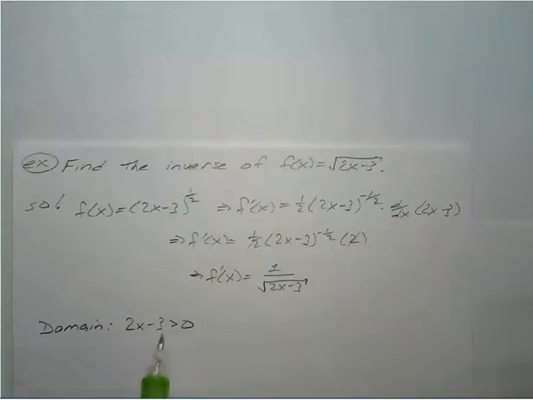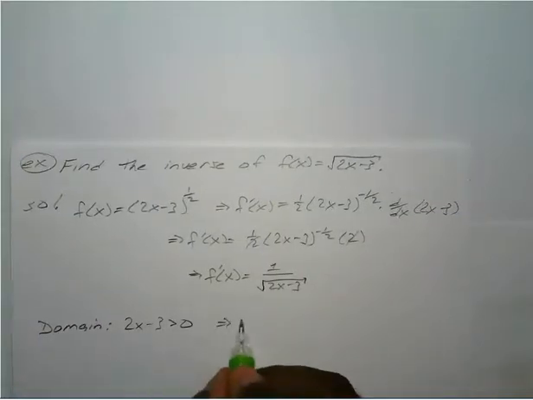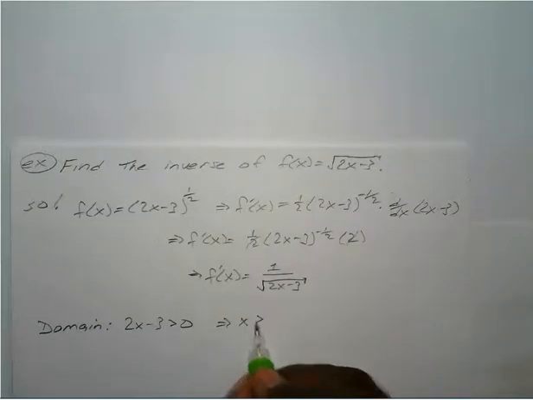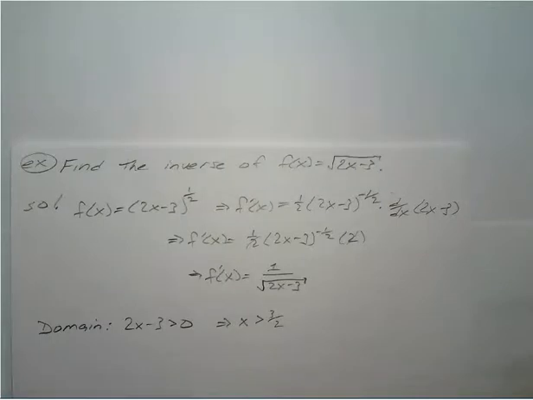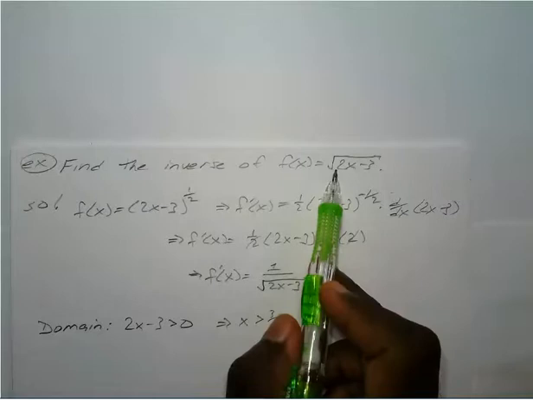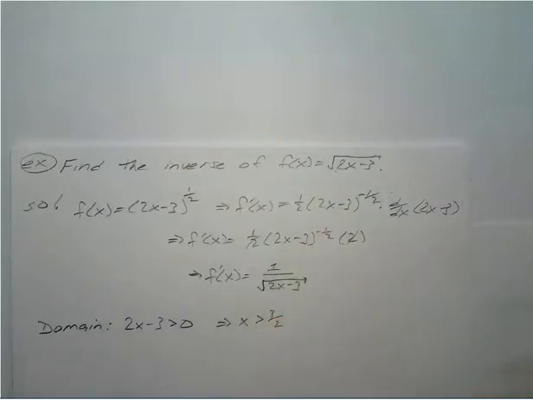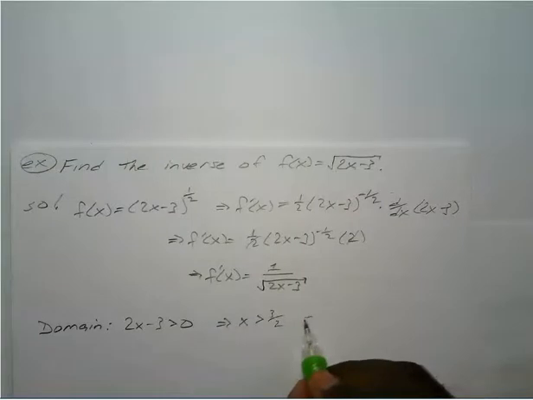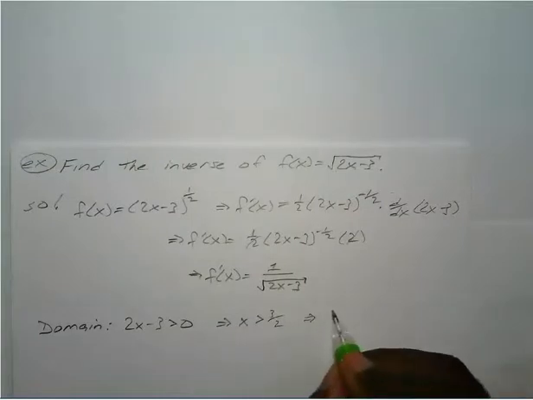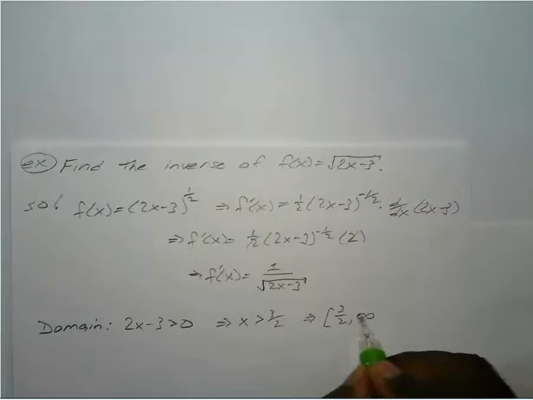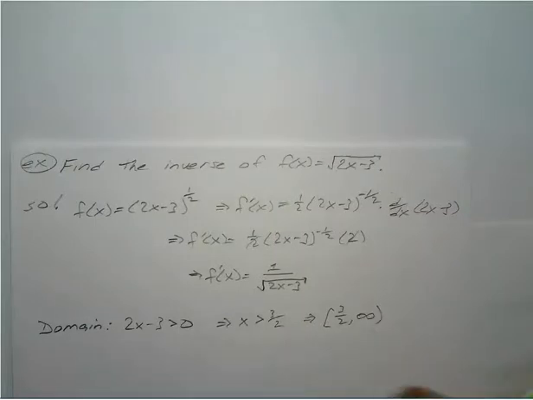So if you solve for x, x has to be greater than 3 over 2. Well, actually, for this one, it can be greater than or equal to, because you're a function of x. But we'll get into that later. So that means it can be 3 over 2 all the way to infinity.